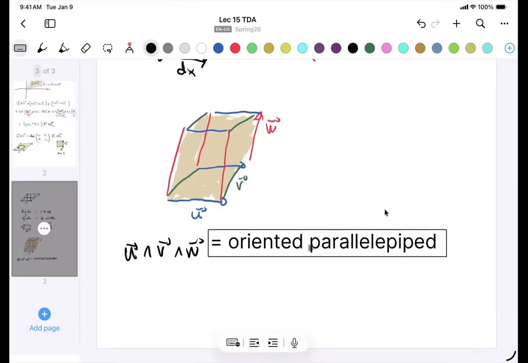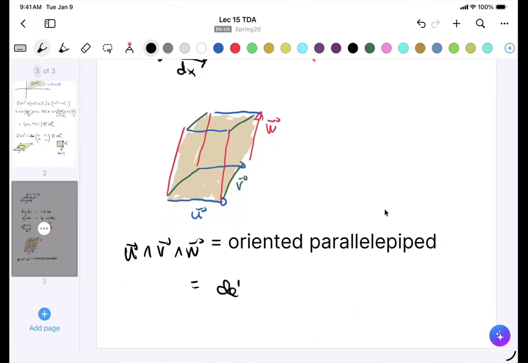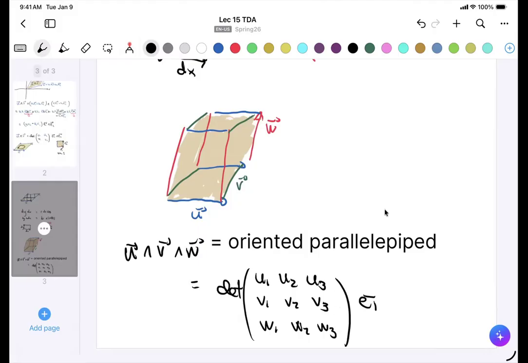And as you may guess, if these vectors were in R3, so it has U1, U2, U3, V1, V2, V3, and W1, W2, W3, you can check using the distributive property that the formula for this is the same as the determinant of the matrix with rows U1, U2, U3, V1, V2, V3, W1, W2, W3, times E1 wedge E2 wedge E3, which now would be the standard unit cube. So that's where the determinants of matrices pop up from.